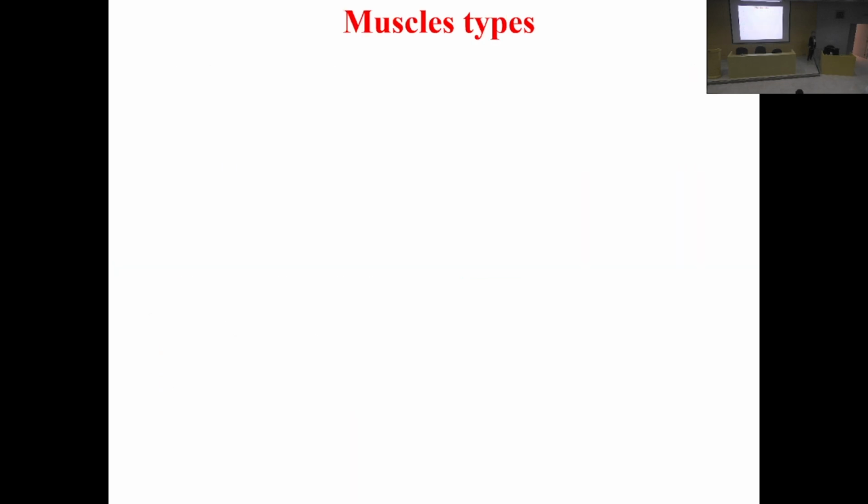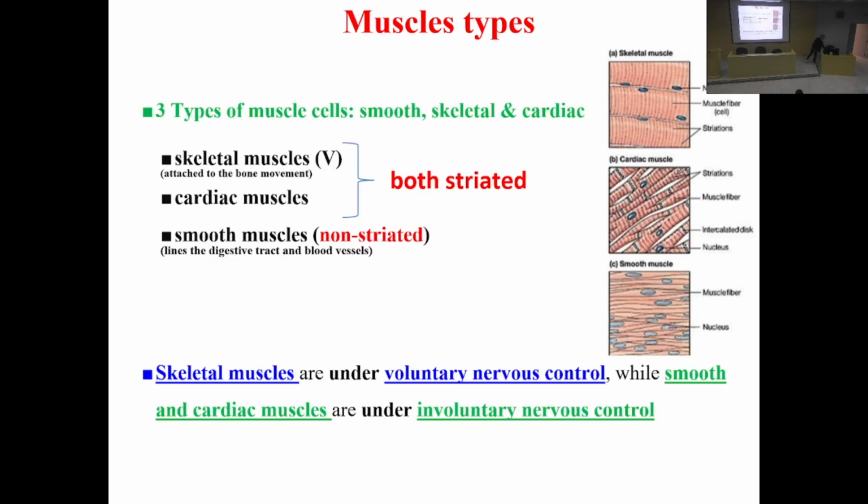All right. So what are the muscle types that you know? Skeletal muscle, cardiac muscle, so we have three types of muscles, right? The cardiac muscles, the smooth muscles, and the skeletal muscle. We call the smooth muscles smooth because they don't have striations.